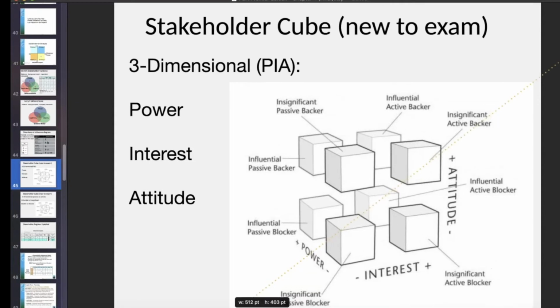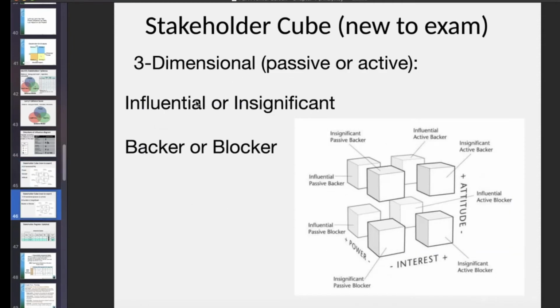So you need to know this stuff for the exam. And look at all these possibilities. Insignificant passive backer, influential active backer, meaning a backer of your project. So that means these people are either passive or active, influential or insignificant, and a backer or a blocker.